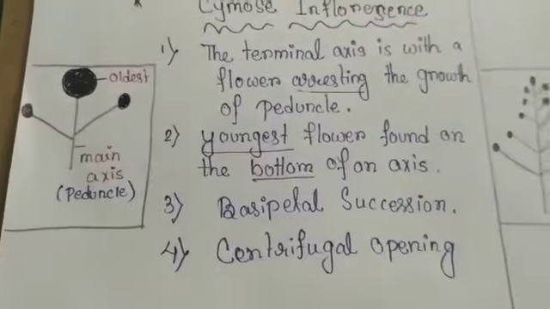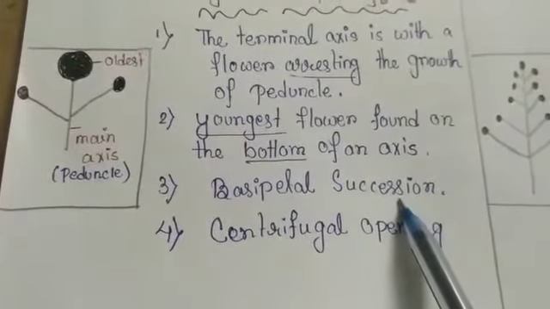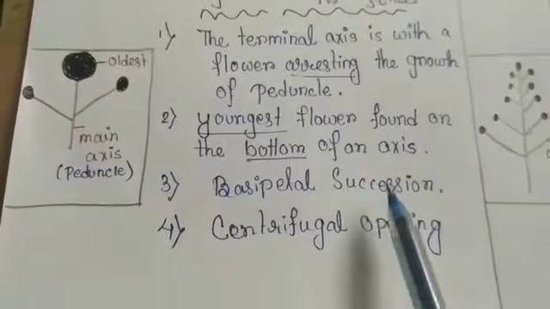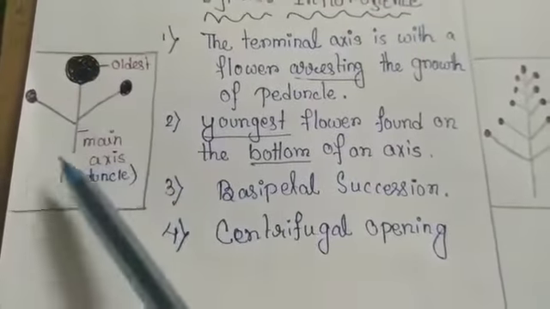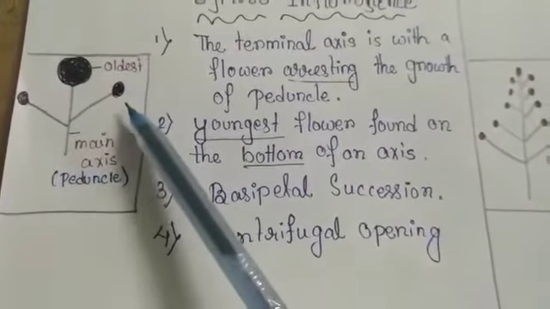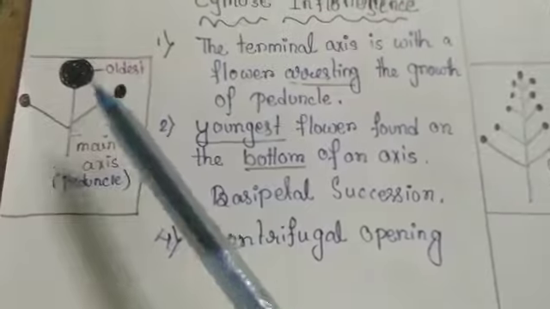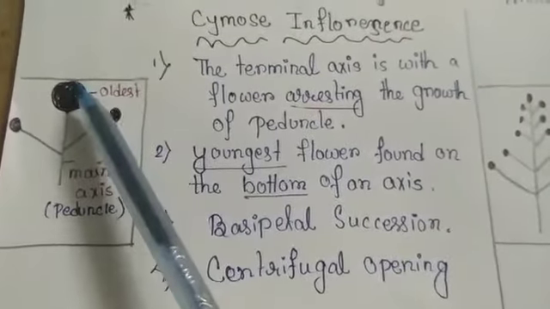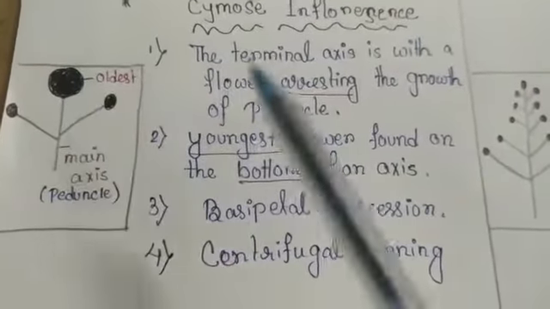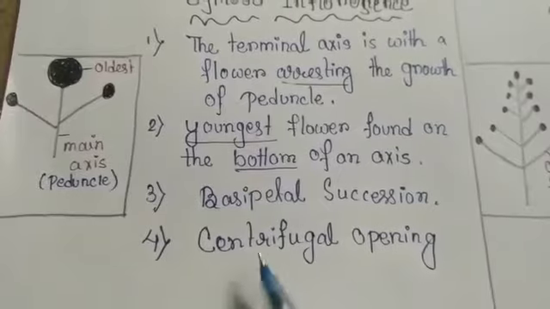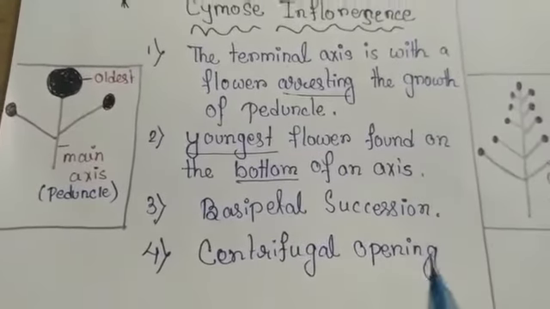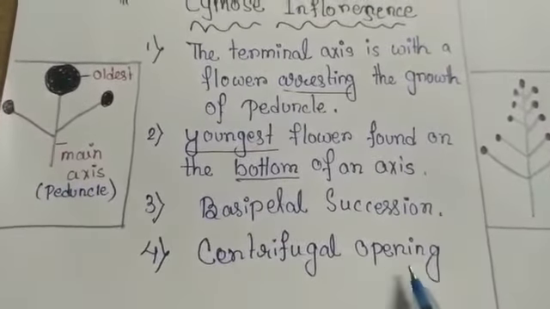Next is basipetal succession. We find this type of succession in plants where the youngest flower remains at the bottom and the oldest one remains at the top. Number 4 is centrifugal opening. What is the meaning of centrifugal opening?